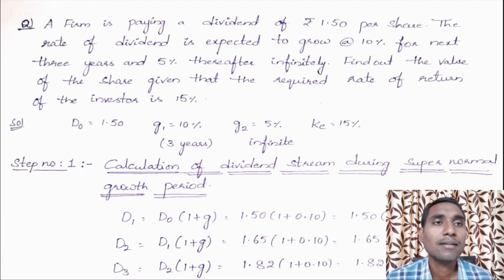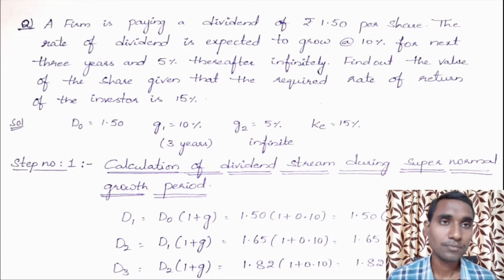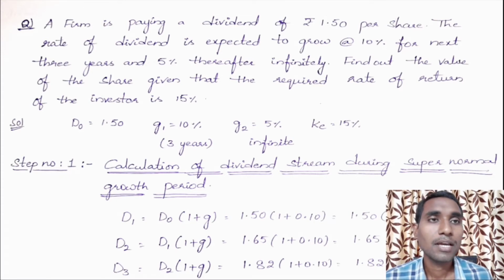When the current year dividend is given, we express it using the term D0. The rate of dividend is expected to grow at 10% for the next 3 years and 5% thereafter infinitely.